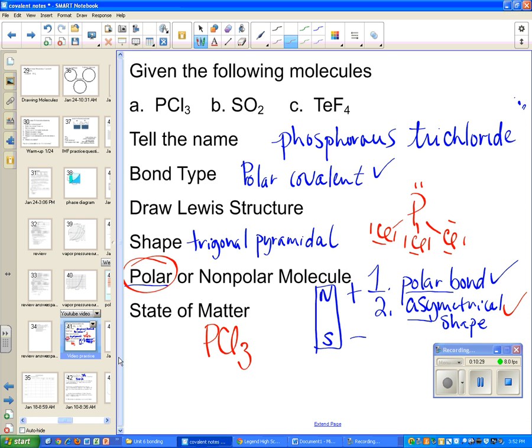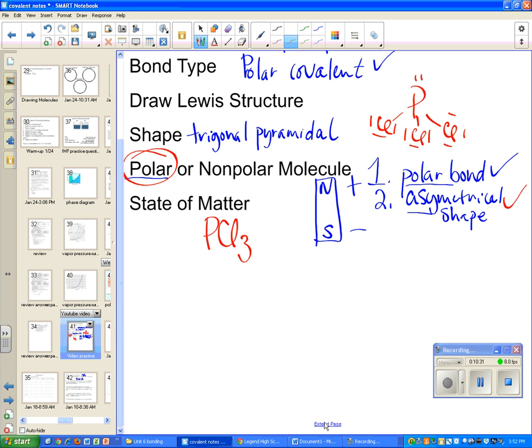If we look at P, its mass is approximately 31. Chlorine is 35.5. We're going to multiply that by 3 because I have 3 chlorines. So I'm just very quickly going to add those numbers up, and I end up with 137.5.